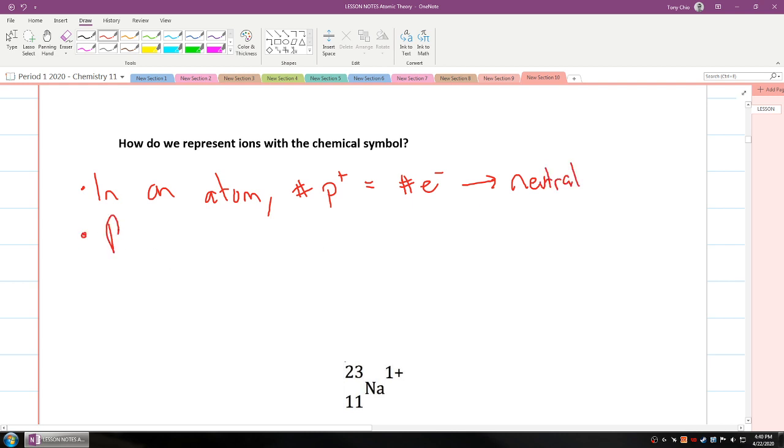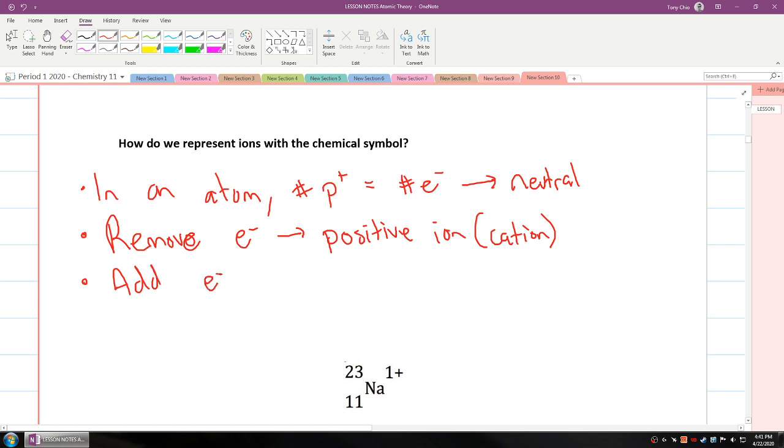But when you remove an electron, it becomes a positive ion, which we call a cation. When you add an electron, it gains an electron, it becomes a negative ion because it gains something negative, and we call this an anion. And we can show this on the top right corner of our standard atomic notation.